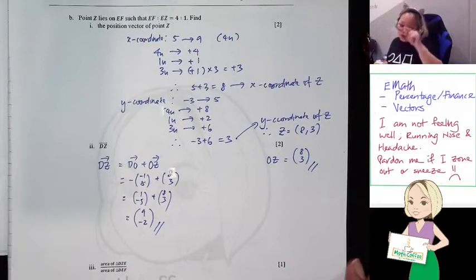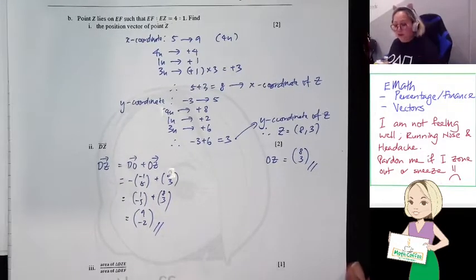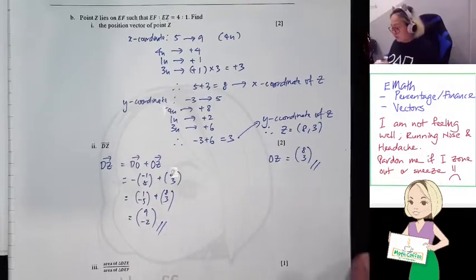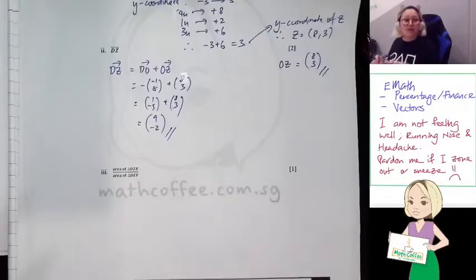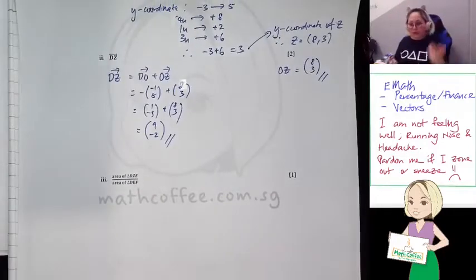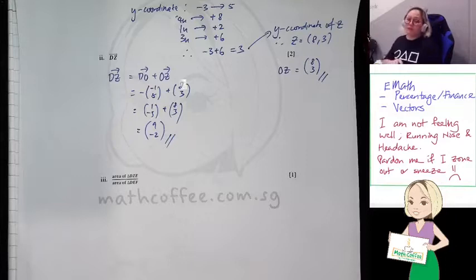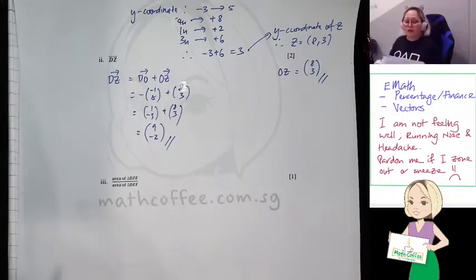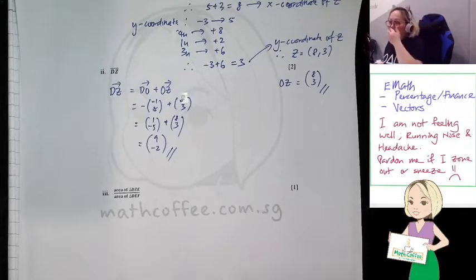Okay, now comes the tough part, which is always finding the area ratio. Right? Area ratio. So how to find the area ratio? First, let me just tell you that this kind of area ratio is either using similar triangle or using common height.